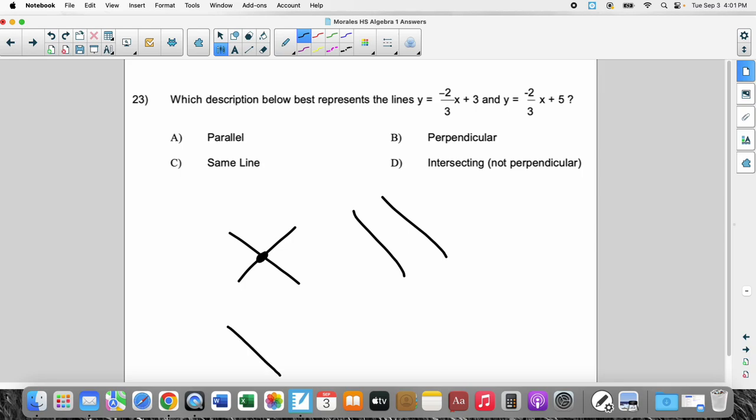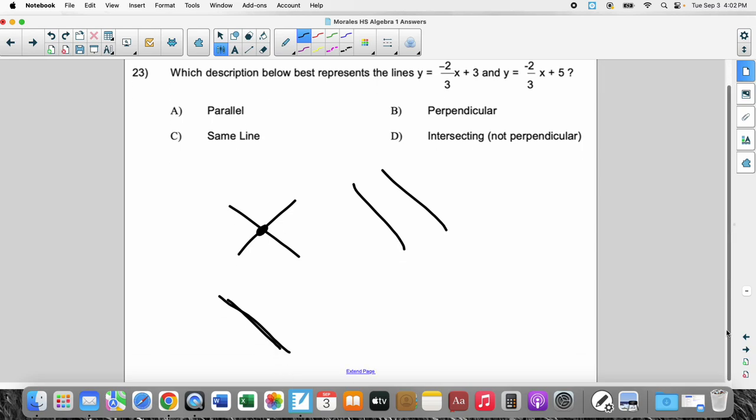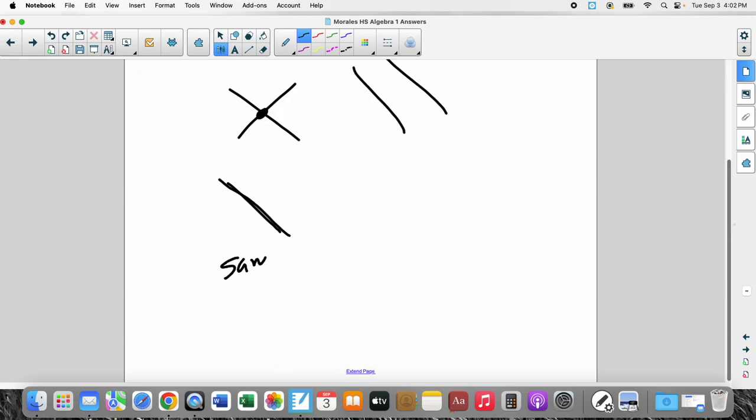They can be the same line on top of each other. Okay? And that's it. So we can have those situations. When they are the same line, they have the same slope and the same y-intercept because they're the same lines.